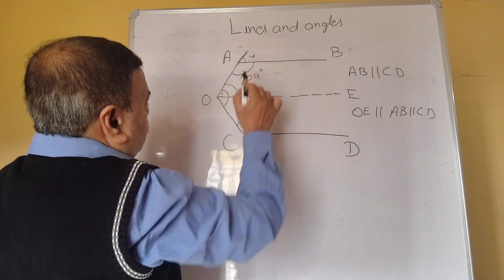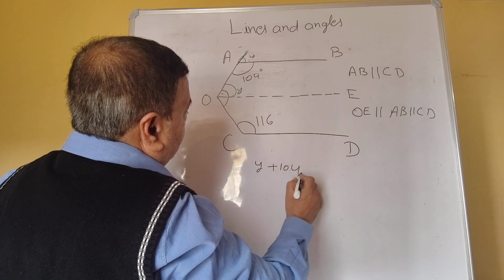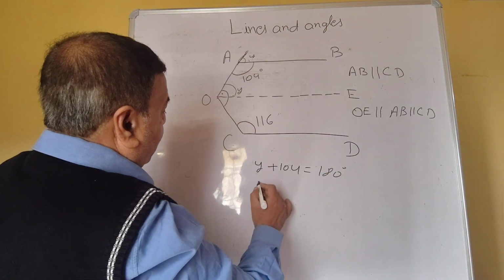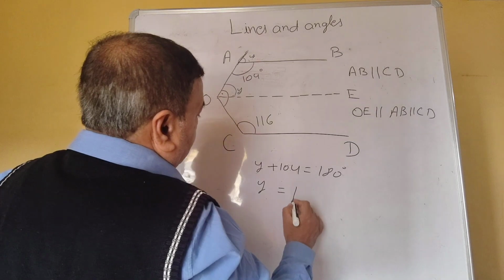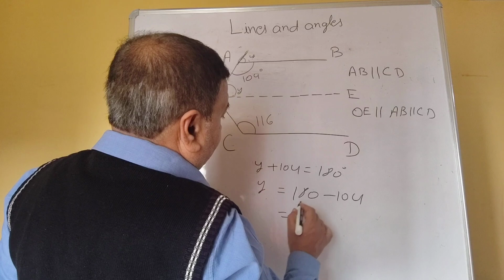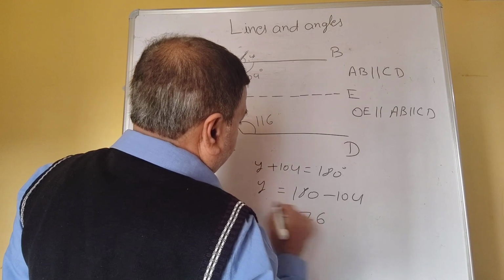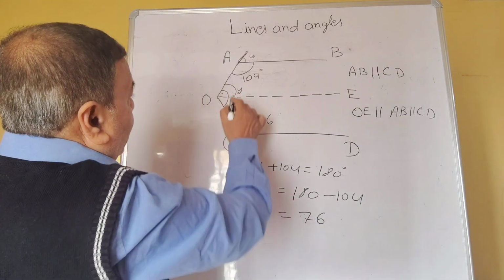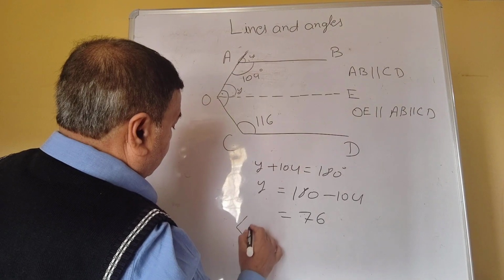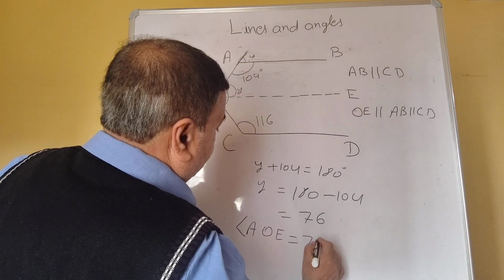So angle Y plus 104 is 180. So angle Y will be 180 minus 104. If you subtract 100, it becomes 80, and 4 again minus, so it becomes 76. So Y will be 76. This angle AOE will be equal to 76 degrees.